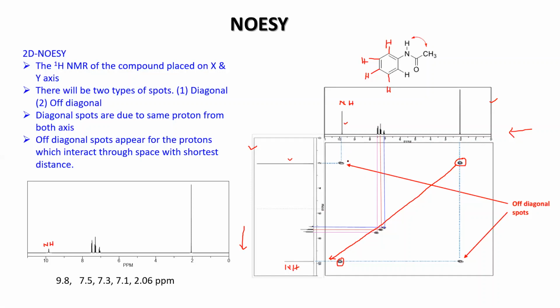So those two will be interacting to give a common spot development here. And similarly, you can have another spot if you take the NH from the y-axis and methyl from the x-axis. So that peak is the off diagonal spot, the interaction between NH and methyl. So those two spots will be generated. So this off diagonal spot is due to the two-dimensional NOE experiment. Is it clear now?